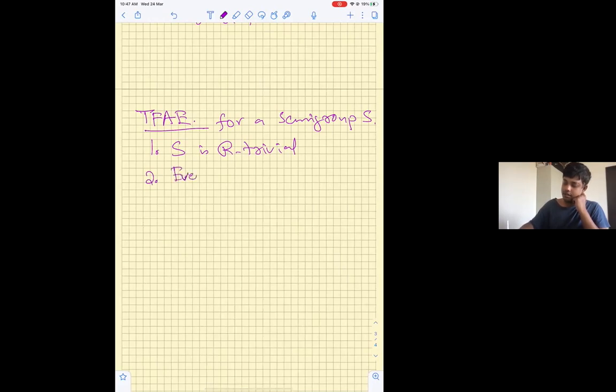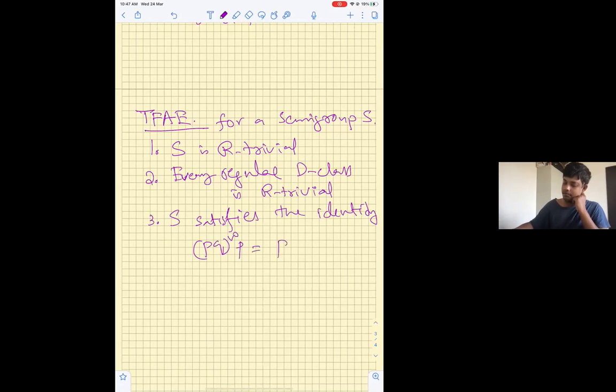Two, every regular D class is R trivial. Third one is, S satisfies the identity PQ power omega P is equal to PQ power omega.